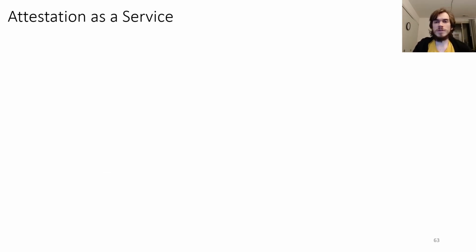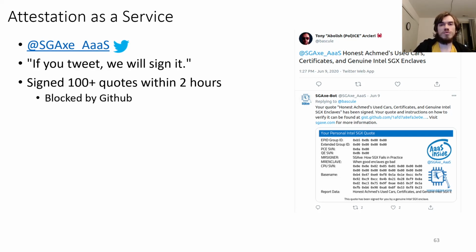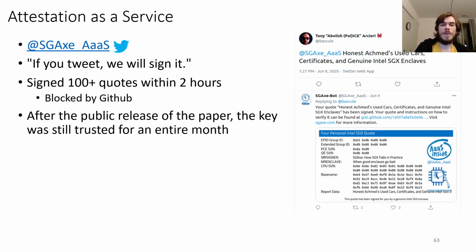We were thinking a bit about this, and we implemented attestation as a service. We implemented a Twitter bot that signs your tweet as if it is a quote, with the mentality of: if you tweet it, we'll sign it. It actually signed 100 plus quotes within 2 hours until it got blocked by GitHub. While we released our paper, Intel also released countermeasures. But we found that even a month after that happened, the key was still trusted.